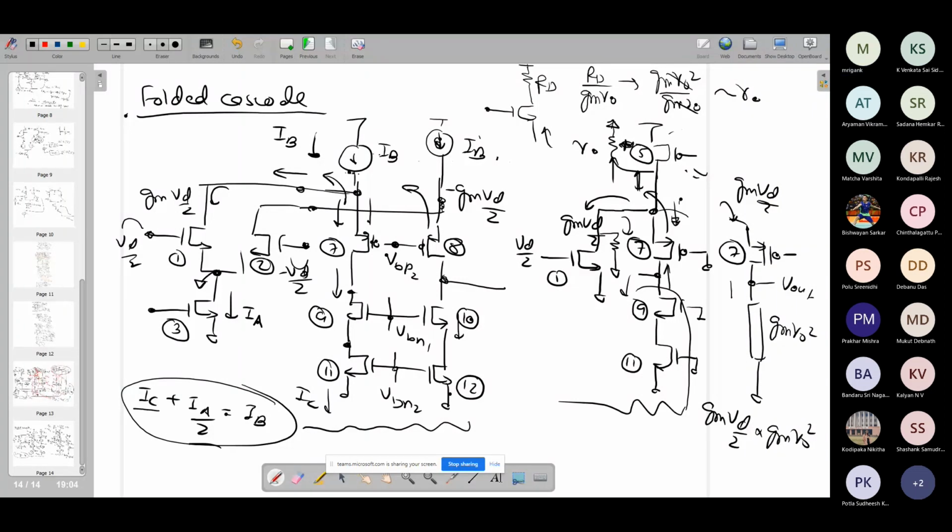Is that clear? Earlier we were ignoring it. If you had an ideal current source, you can, and here also the ro of the input device is large, so you can ignore it.